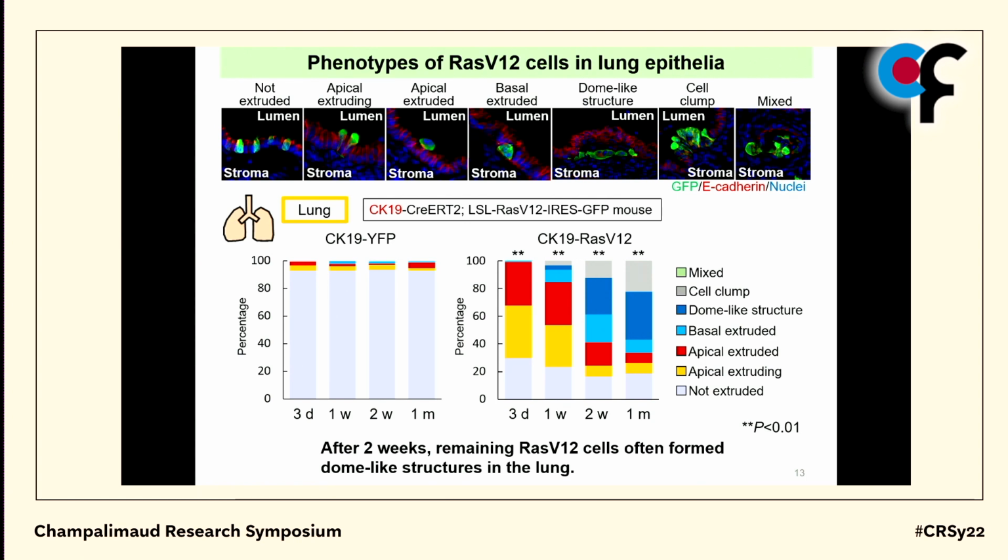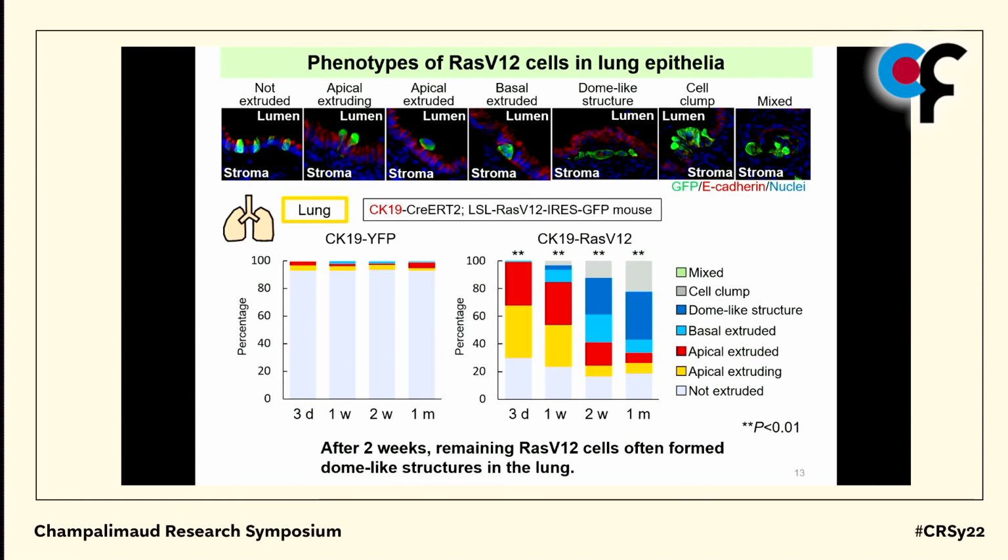The apical exclusion phenotype was dominantly observed like this. But as time goes by, the ratio of such phenotypes decreased. And also, we never observed overproliferation of the RasV12 cells that are eliminated apically. Actually, they seem to disappear as time goes by. So apically eliminated RasV12 cells eventually die or are eliminated from the tissue.